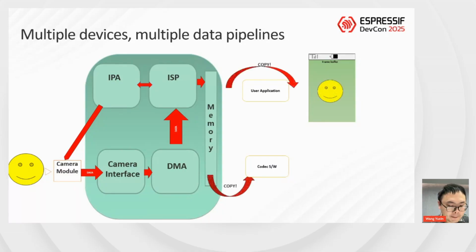For example, sending the captured image to an LCD and storing the encoded image on an SD card. esp-video provides higher-level interfaces that simplify those complex operations, making it easier to manage multiple devices and data streams. This lets you focus on application innovation rather than hardware complexities.